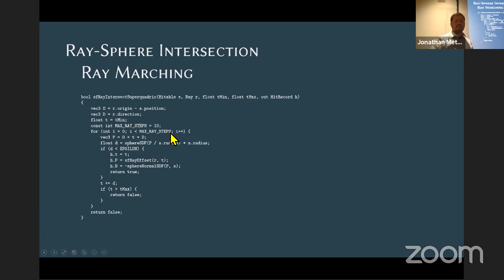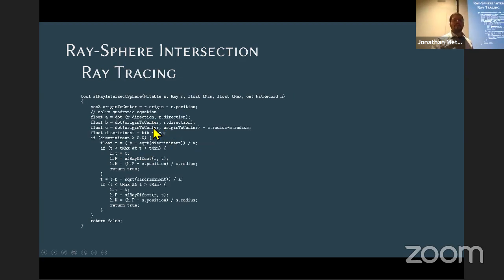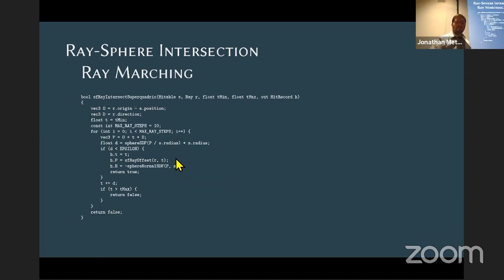The big issue though is that you can calculate a sphere in basically 1 step, whereas with ray marching, you have to do an iterative value.